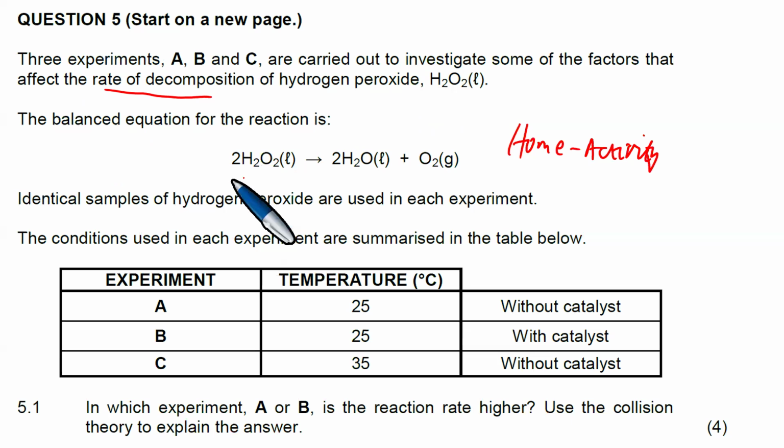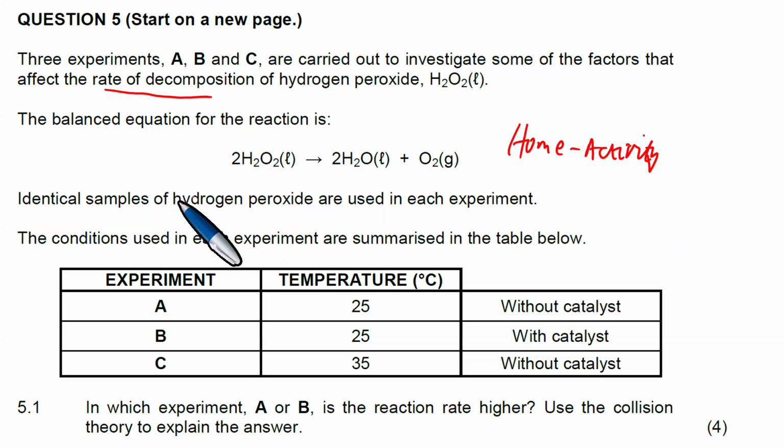The balanced equation for the reaction is this one. So the hydrogen peroxide breaks down or decomposes into... The balanced equation for the reaction is this one, which is H2O2 liquid. Once again, this is recorded, so I'll send you the recording in a few minutes and then you can watch it.